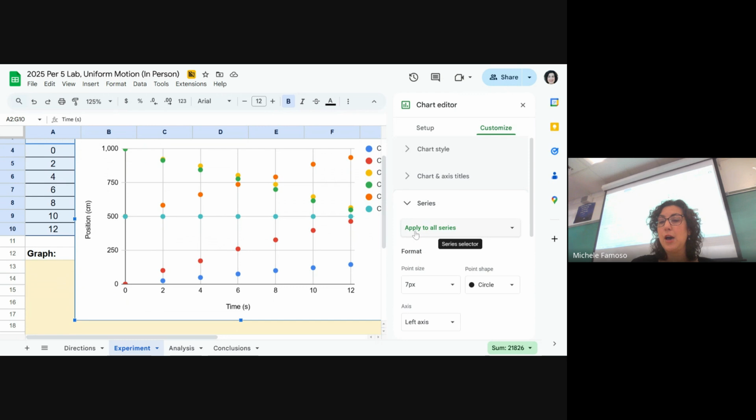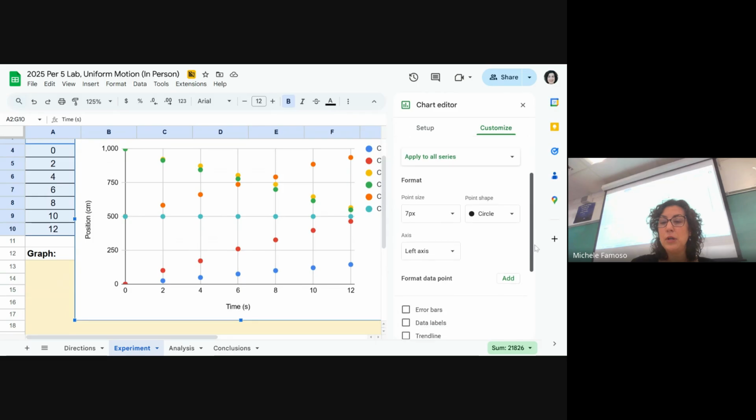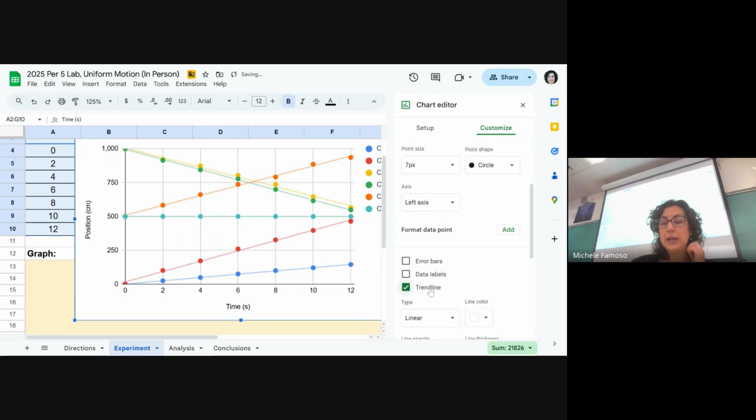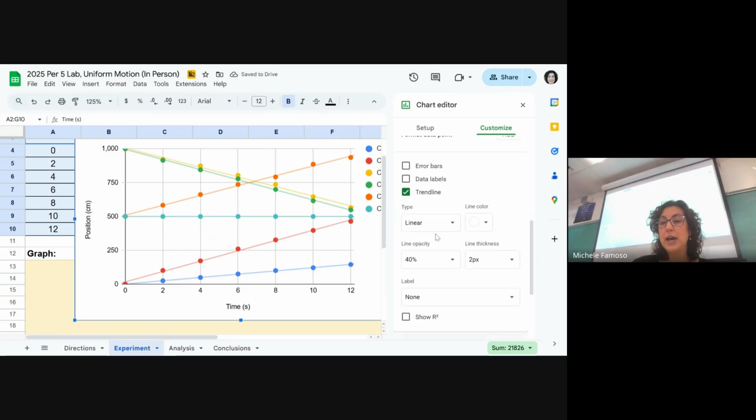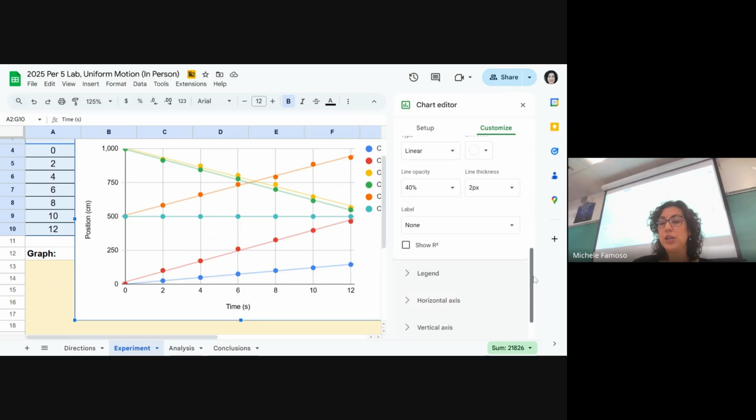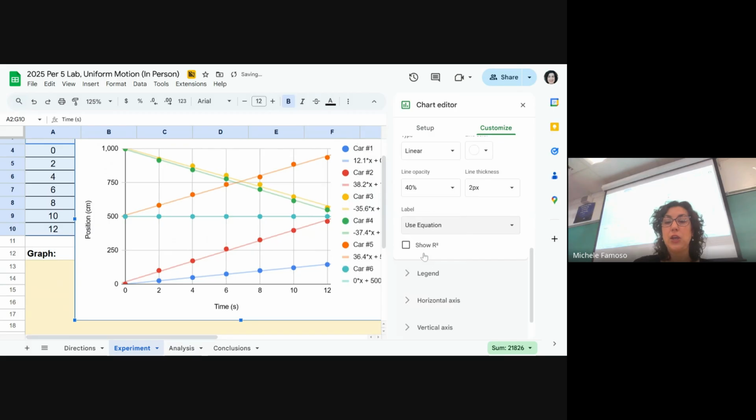We need it to say apply to all series. Come down, select trend line. And these all should be linear. So the type linear is correct. But we also want Google Sheets to display the equations for each of those lines it just drew. So under label, please say use equation.